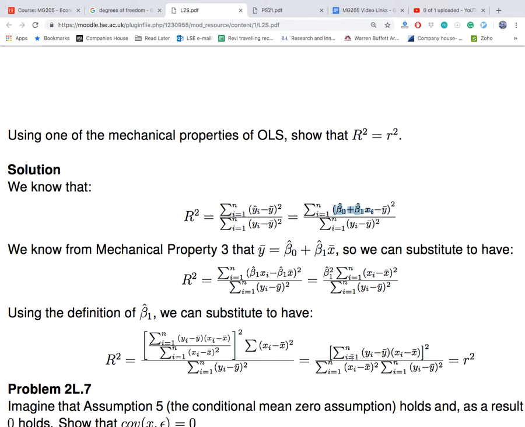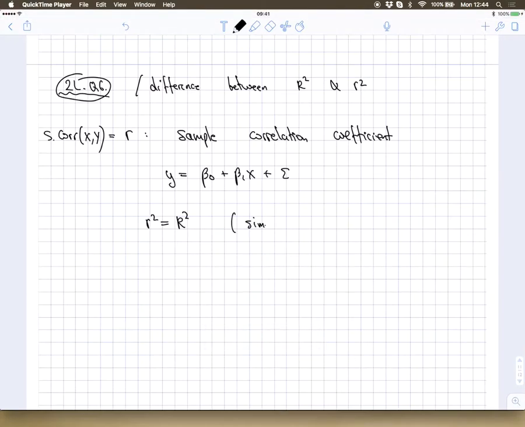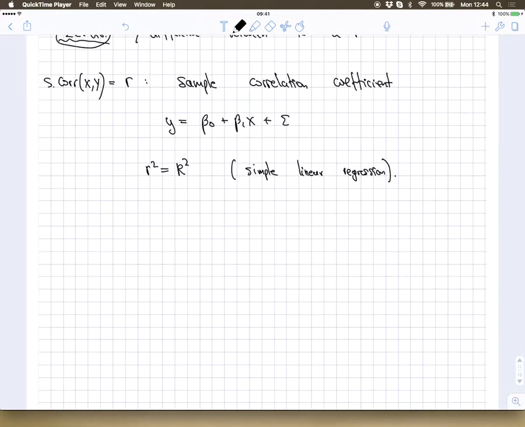Okay? What about if I have multiple regressions? What if I don't have a single x, but I have many x's? Now the little r and the big R cannot be the same anymore. Okay? So this is only in the simple linear regression. What about if I have multiple linear regression?